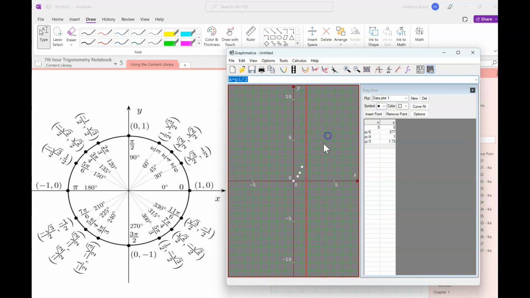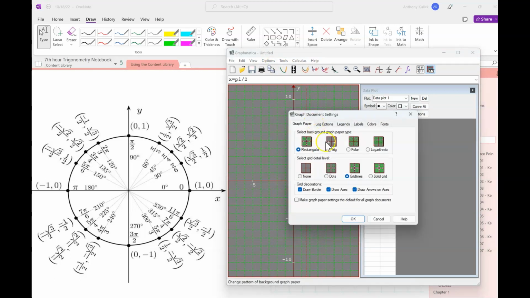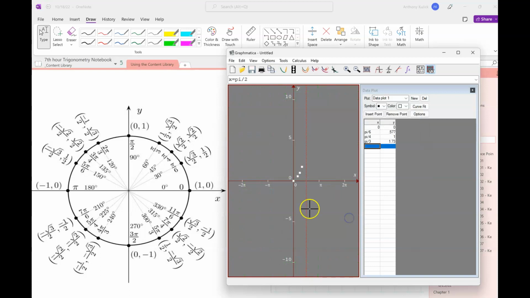The way I'm going to represent that in my picture is I'm going to draw a vertical line, and well, let's do this as long as I'm at it. Make a trig axis there with pi's on my x-axis and get rid of the grid lines. Okay. And then let's continue on.